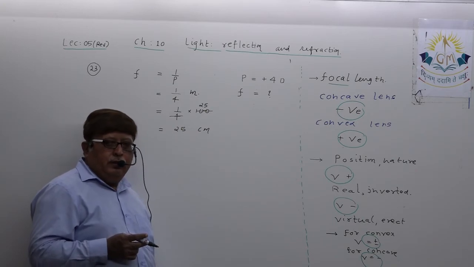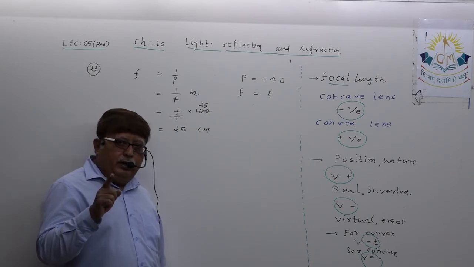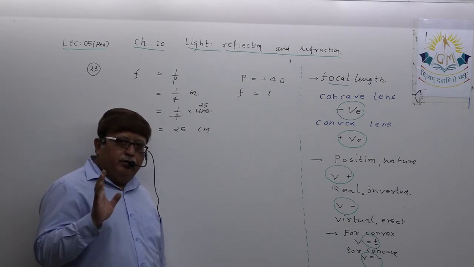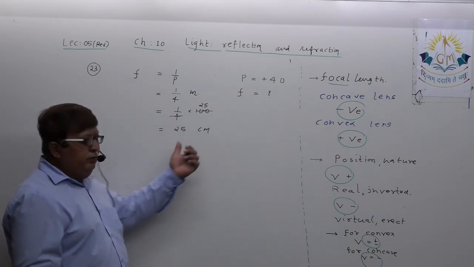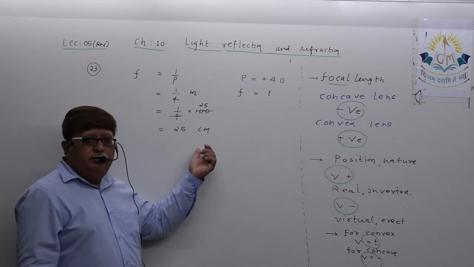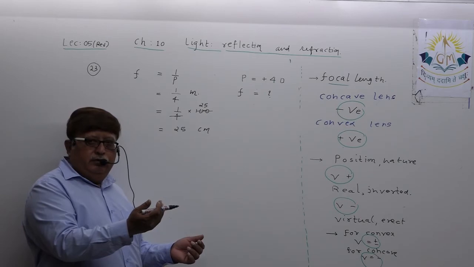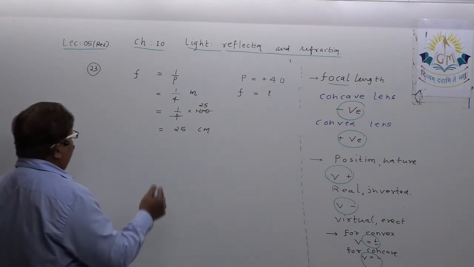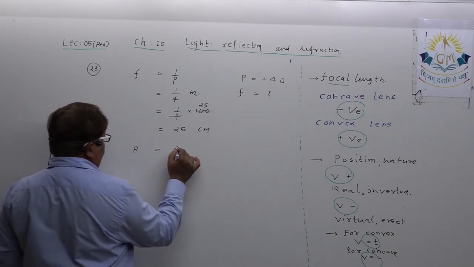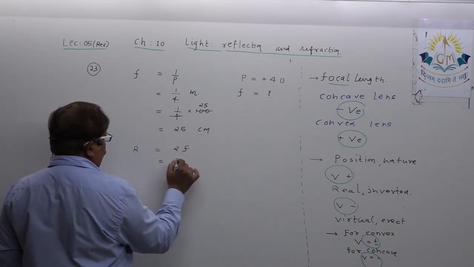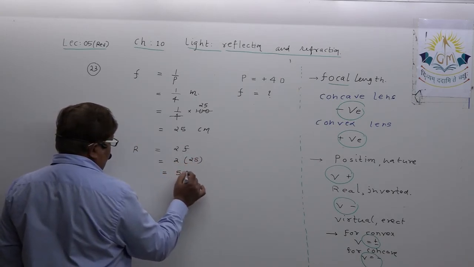Whenever the object is kept at center of curvature. Obviously, you can guess, dear students, center of curvature means indirectly it is radius of curvature distance from the optical center. So, if you find this way, R equals, as you know, 2F, 2 into 25.